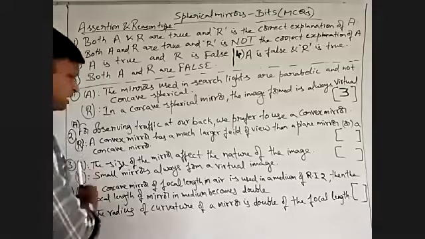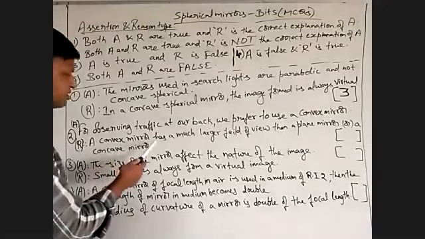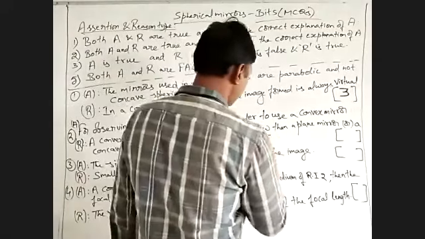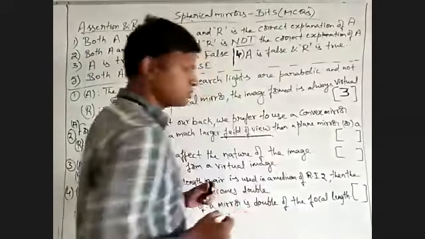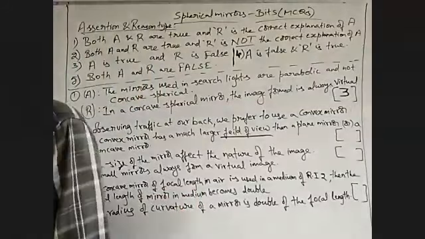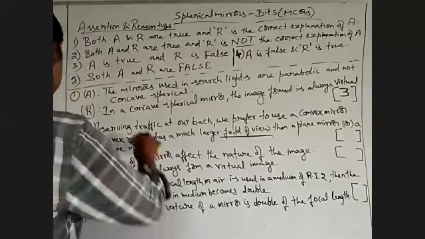For observing the traffic at our back, we prefer to use a convex mirror. Then let us see the reason here. A convex mirror has a much larger field of view. What is this word, field of view? This is a new word to you, so let me explain.